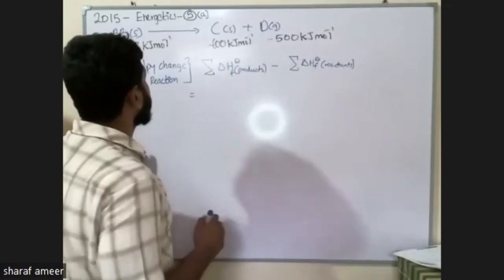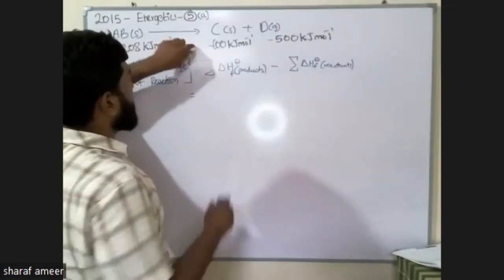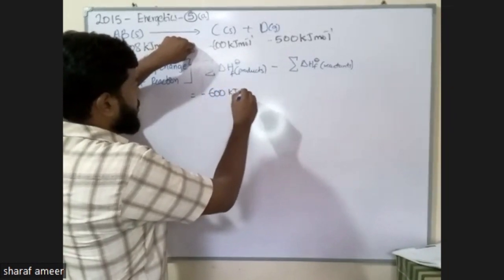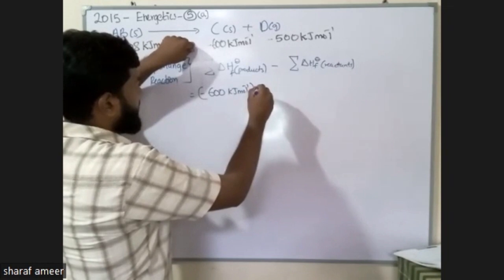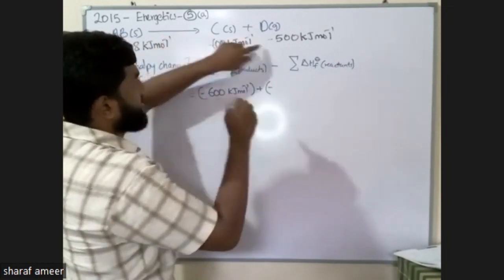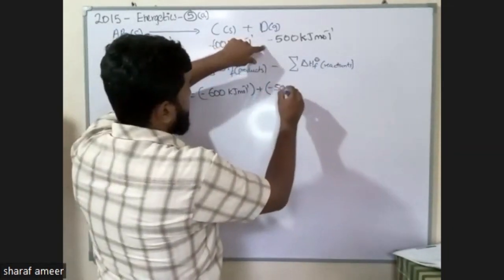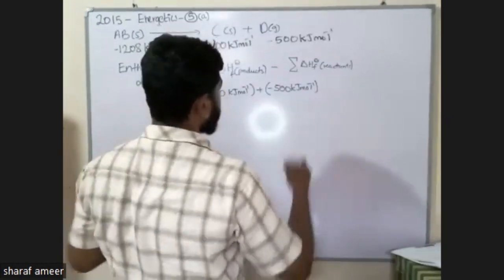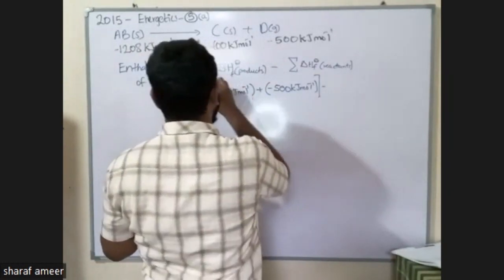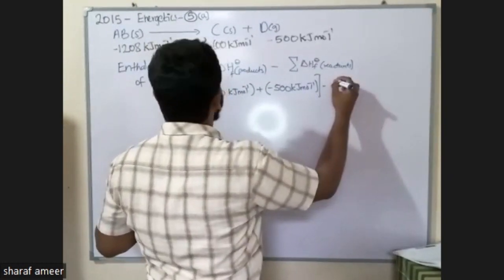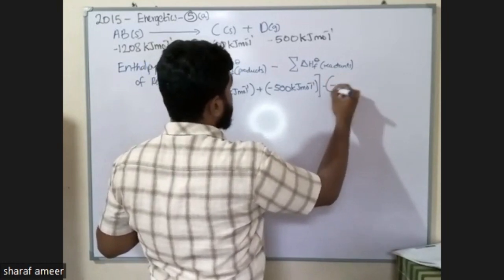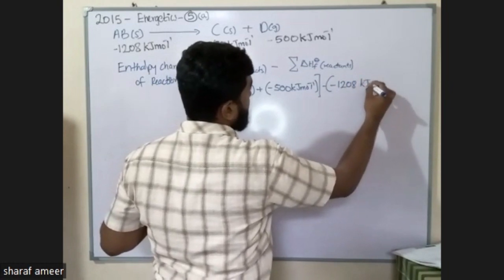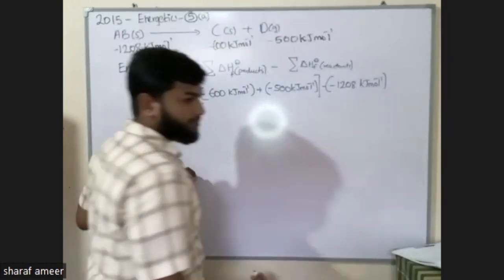This is equal to, in products we have minus 600 kilojoule per mole plus minus 500 kilojoule per mole, minus minus 1208 kilojoule per mole.